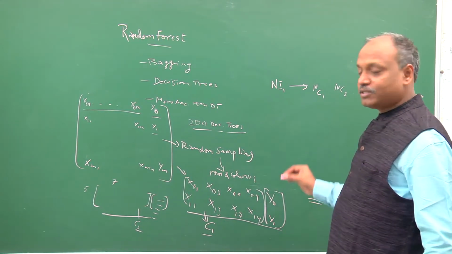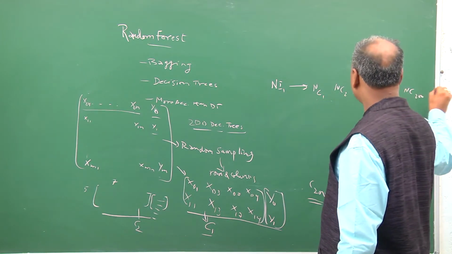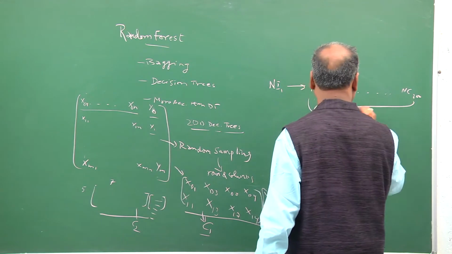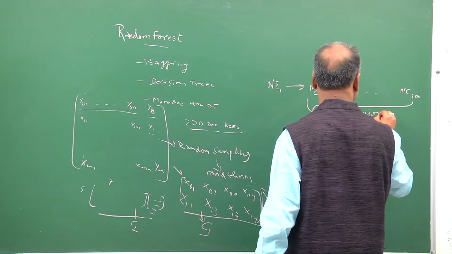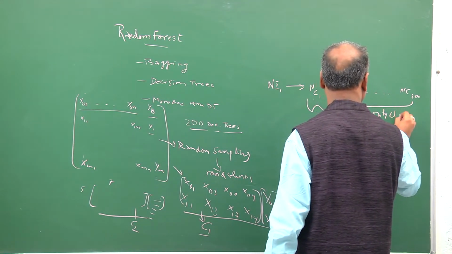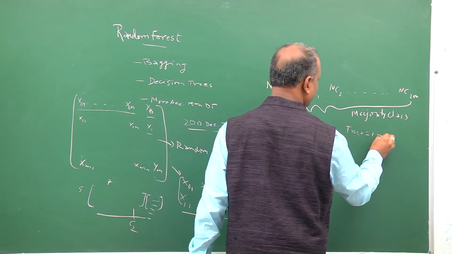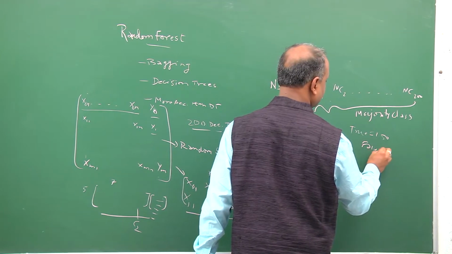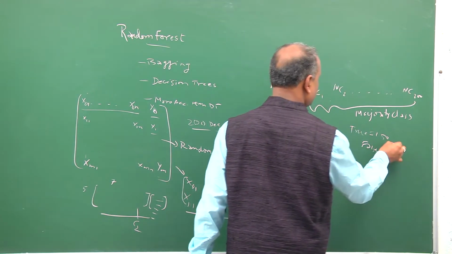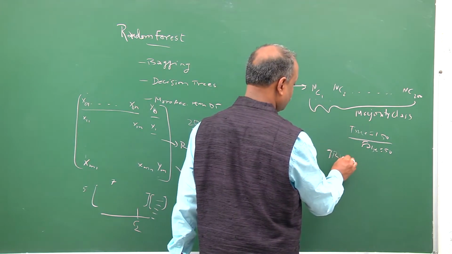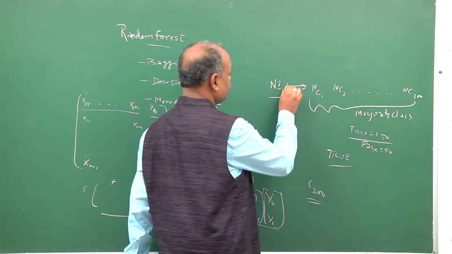So you will have, say, true, true, false, false, false, true, like that, and then you take the majority class. Suppose true is 150 and false is 50. Then you will say that the combined result is true for the new input which you have given.